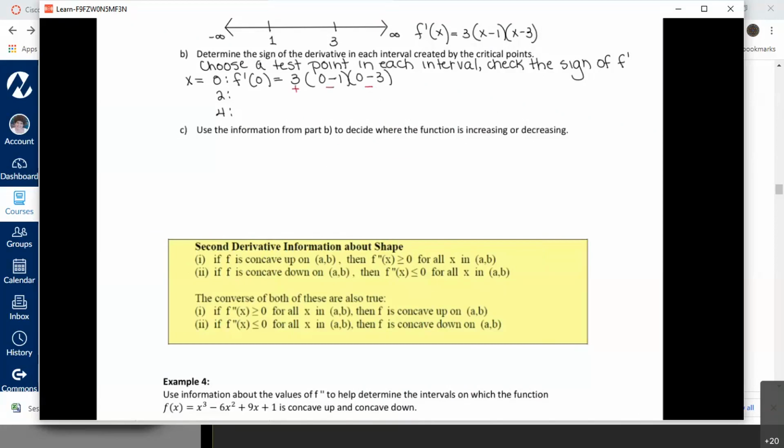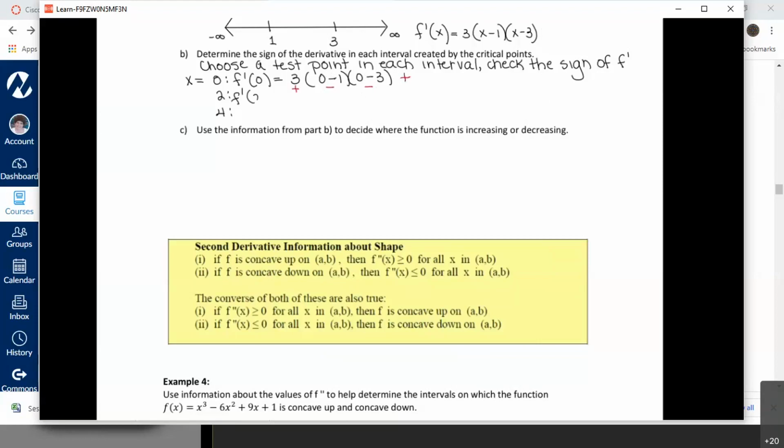So 1 positive and 2 negatives gives you a positive. Positive times negative is a negative, so I'm looking for pairs of negative signs to make a positive. Notice I didn't have to touch a calculator to do it.